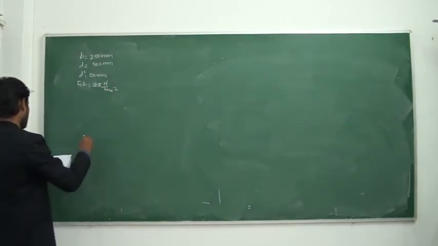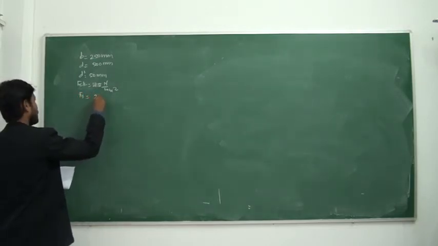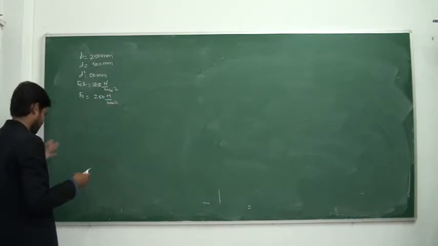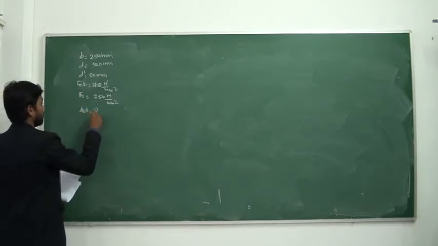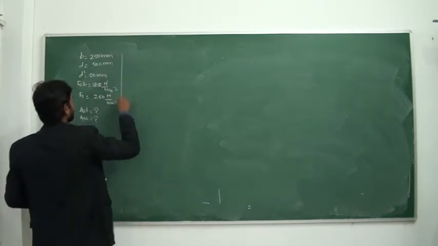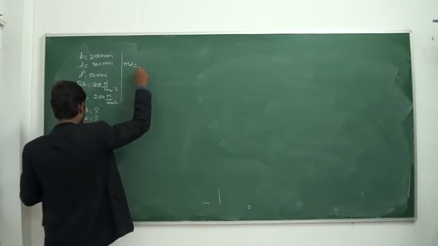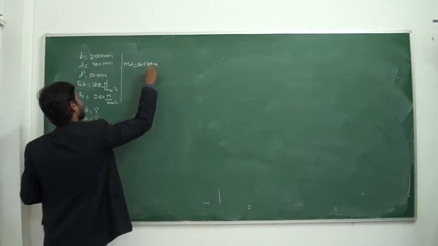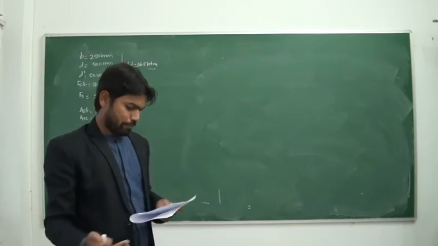Then Fy is given. It is 250 Newton per mm square. We have to find AST and ASC. One more term is given, that is MD, factored moment, and it is 165 kilonewton meter. It means 165 into 10 raised to 6 Newton mm.